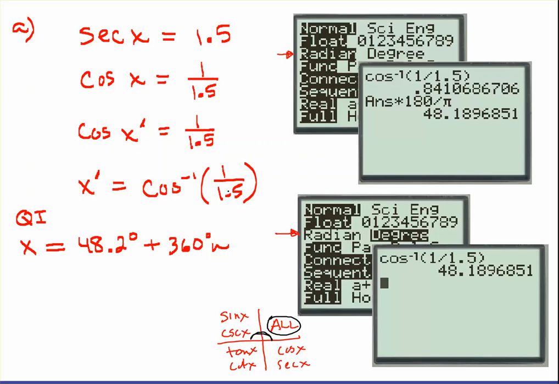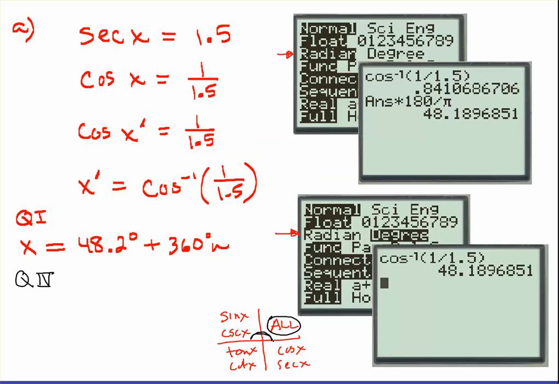Okay, but cosine is also positive in quadrant 2, is that right? No, cosine is negative in quadrant 2. So we're going to have to deal with looking at quadrant 4 as well, right?